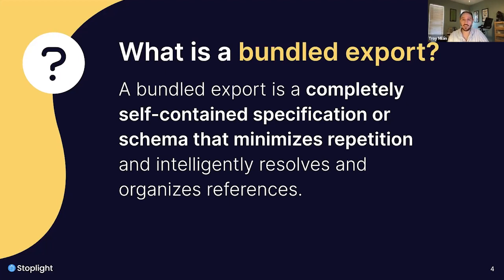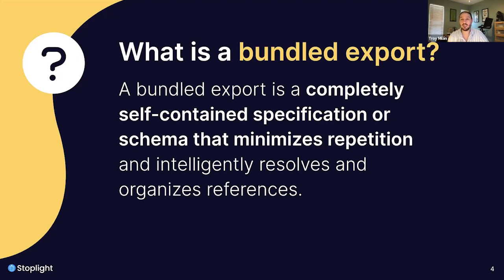We've chosen to, with many complex schemas and OpenAPI files, you'll have references to outside sources, external references. When you perform a bundled export, we pull in those external references, many of which may be references to component libraries or design libraries in Stoplight.